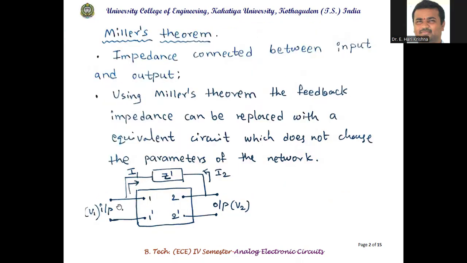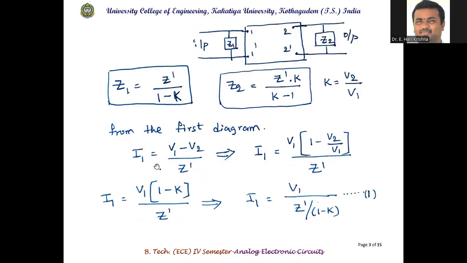I1 is equal to V1 minus V2 by Z dash. From that, we can do a simple mathematical manipulation, taking common V1 from the numerator, which leaves 1 minus V2 by V1.